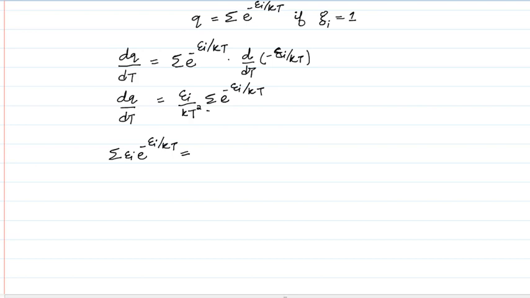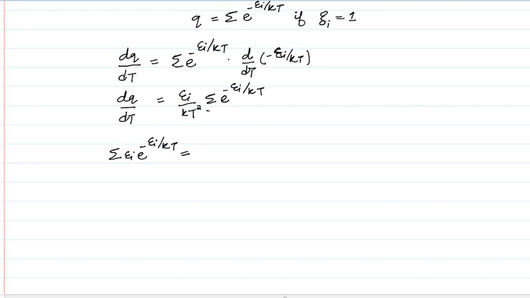We can use this value and put it into the internal energy, that means U will be equal to N upon Q into dQ upon dT into kT square.